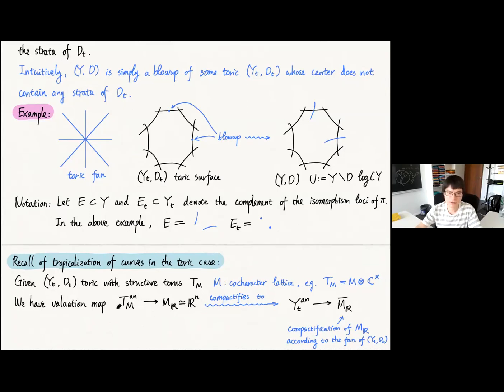If you take some basis, then this map is just a coordinate-wise valuation map. And this map compactifies to a map from the analytification of the toric variety to a compactification of M_R. This compactification is given according to the fan of the toric variety.